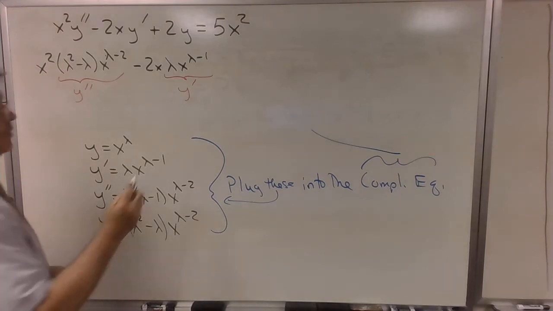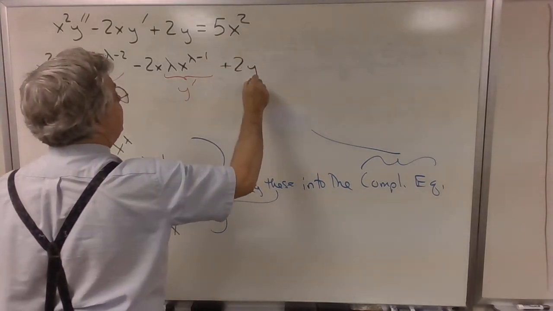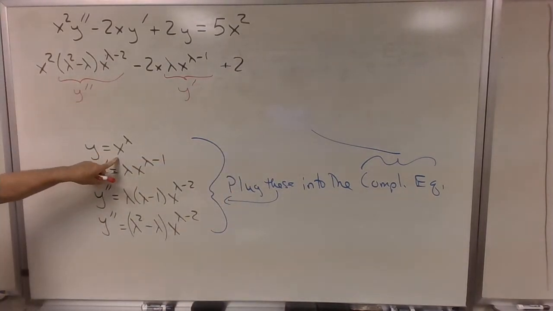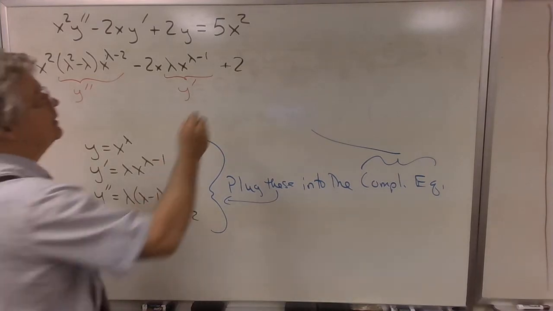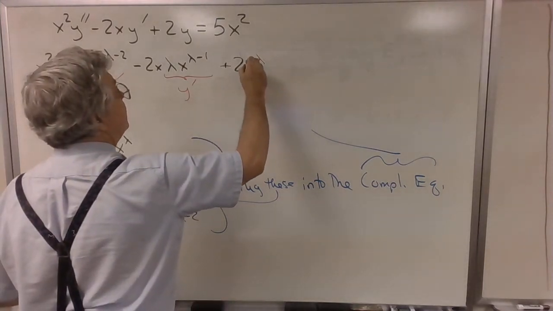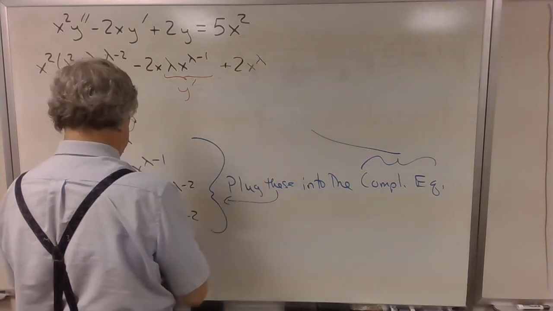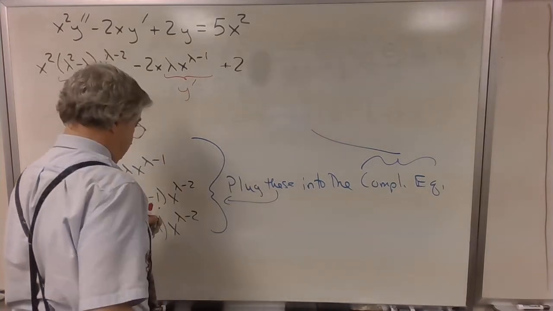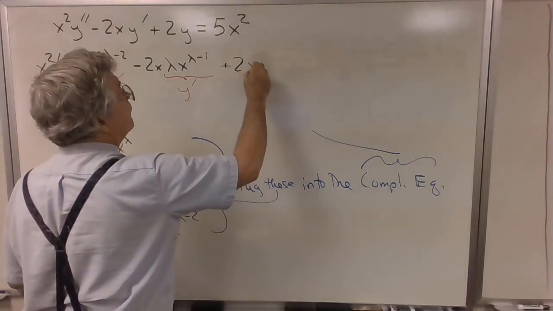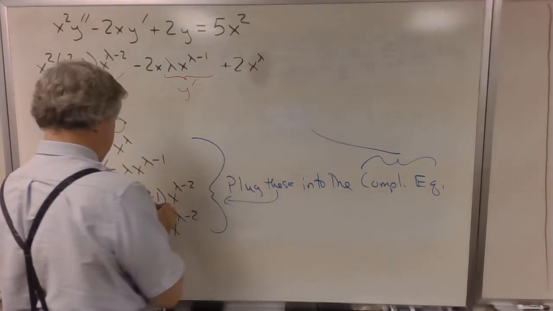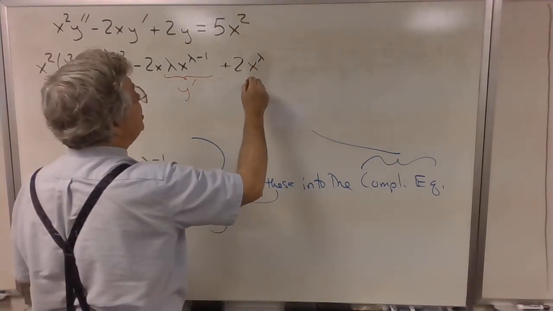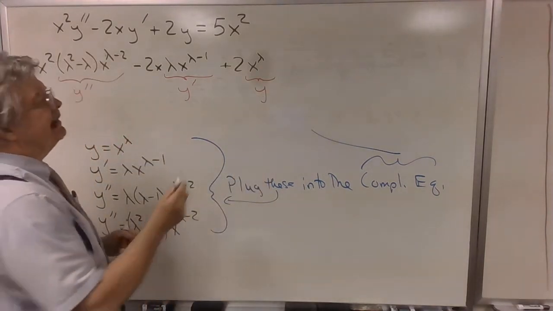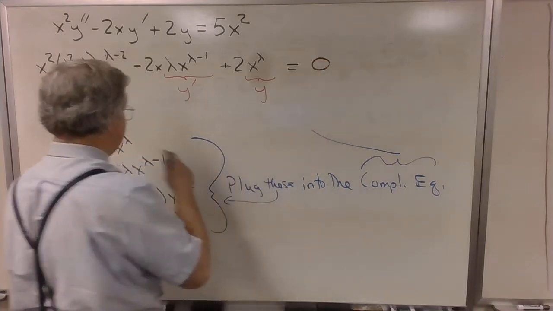And then we have 2y, and y is x to the lambda. And all of that equals 0.